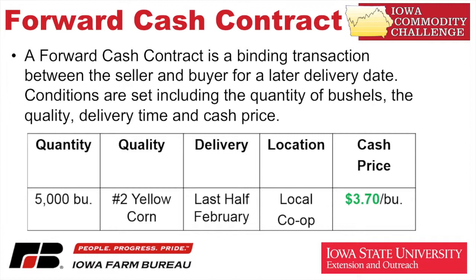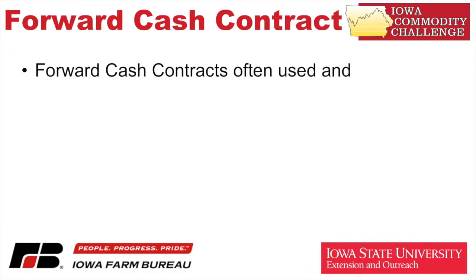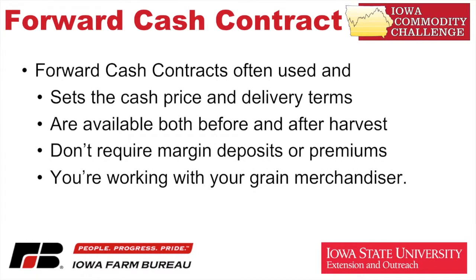We know the futures price, we know the basis, so therefore we know the cash price of a forward cash contract. Forward cash contracts are often used and set the cash price and delivery terms, so it does require the delivery of bushels to a specific location and a specific date and a specific quality.